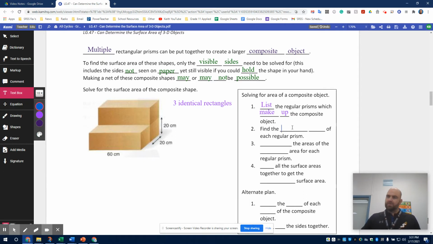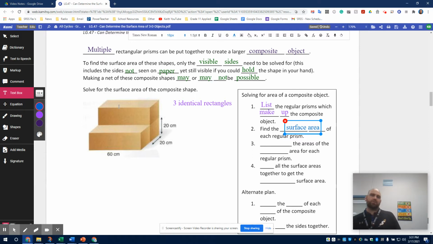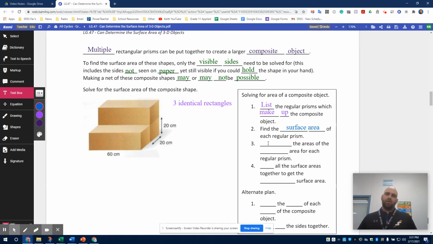Then what we do is we find the surface area of each regular prism. In this case, it's going to be pretty easy. They're all 3 exactly the same, so we're going to be finding the area of all 3 of them, or find the area of one, and that'll give us the area of all of them.